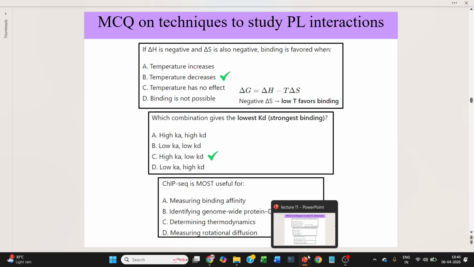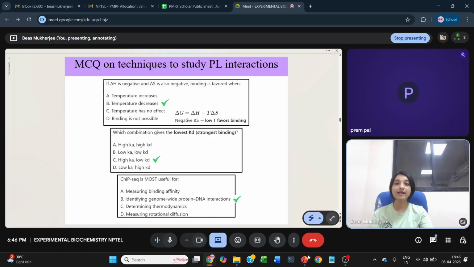Yes. So you can see that when temperature decreases, your delta G becomes most favorable. Correct? Because what? Delta H is negative and delta S is also negative, and temperature decreases.